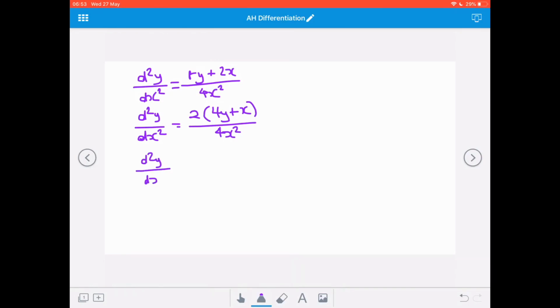And my final step will be to cancel down that fraction to simplify it. So the 2 will cancel out on the numerator to become a 1, and the 4 will become a 2. And so my final answer for the second derivative of this implicit function is 4y plus x all over 2x squared.